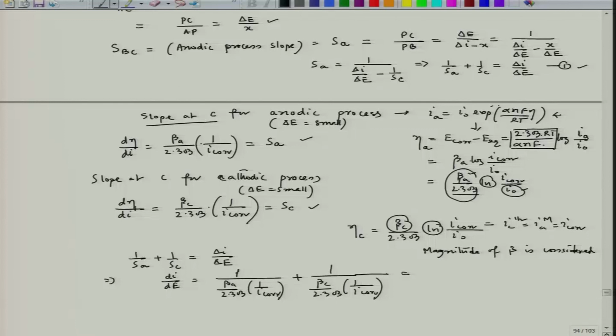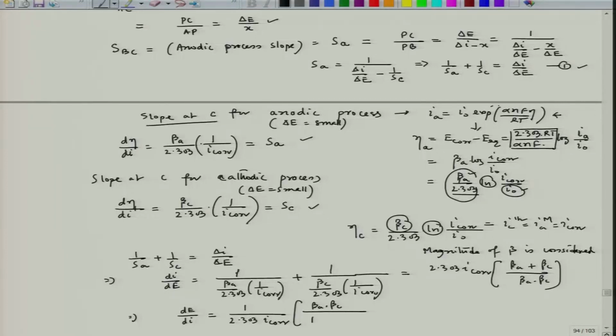So, if we do simplification, then 2.303 I_corr (β_A plus β_C) over β_A β_C. So, then ΔE/ΔI equal to β_A into β_C, 1 by I_corr, over 2.303 (β_A plus β_C), and here β is the Tafel slope.